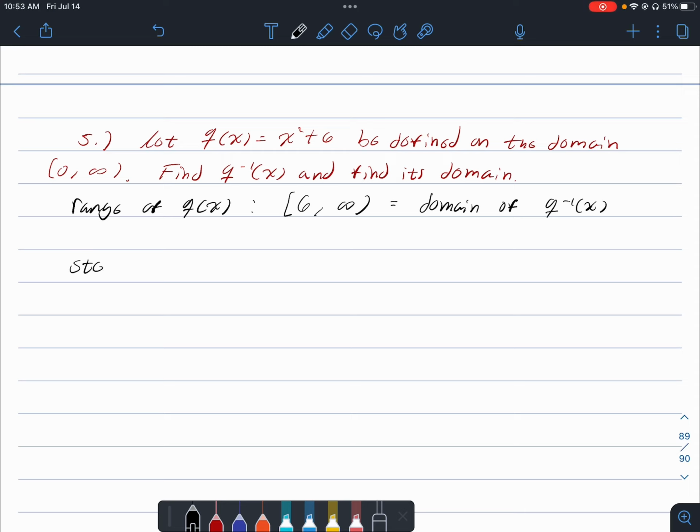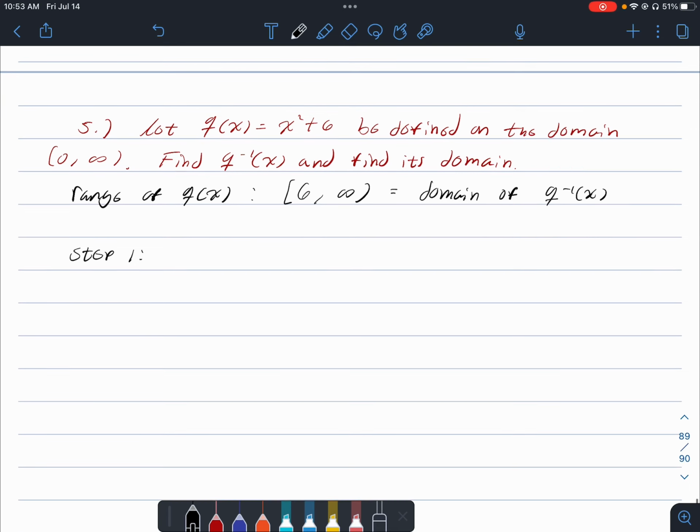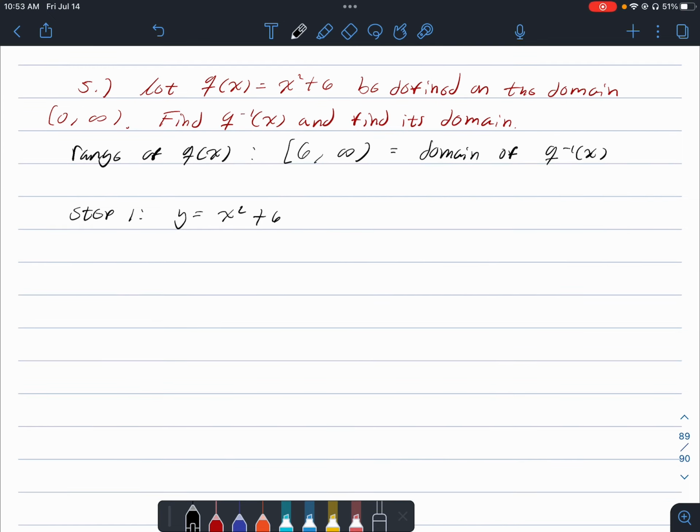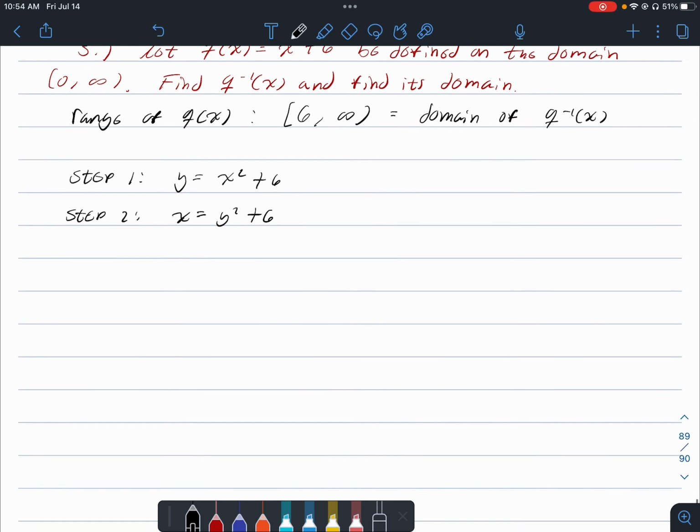All right, so let's go ahead and find q inverse of x. So step one, we're going to replace q of x with y. So we have y equals x squared plus 6. All right, then we switch x and y. So we have x equals y squared plus 6.